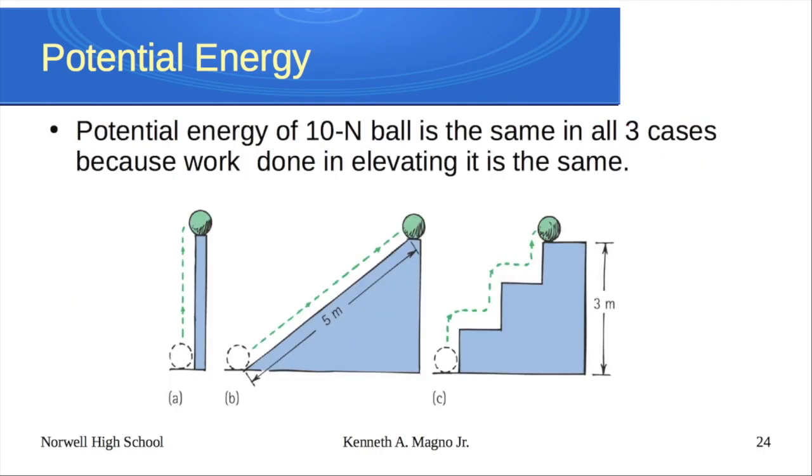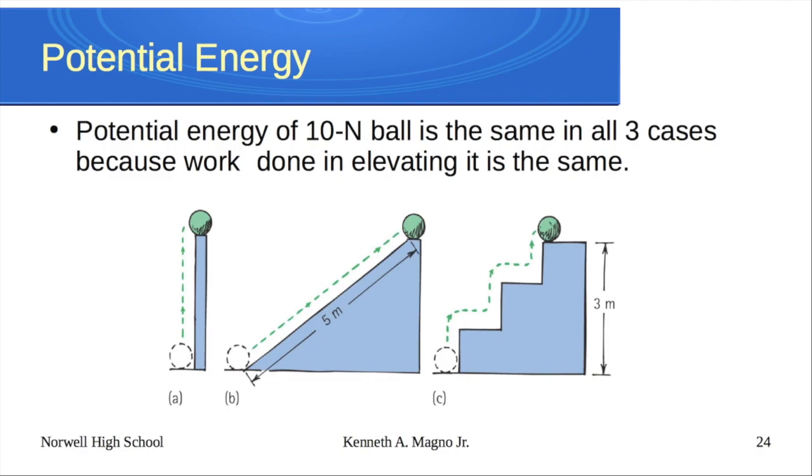So, some other examples of potential energy would be if I have a 10 Newton ball and I want to lift it 3 meters. I could just lift it straight up 3 meters. I could push it up a ramp where the height at the top of the ramp is a vertical displacement of 3 meters, even though the length of the ramp is 5 meters long. Or I could lift it upstairs one at a time.